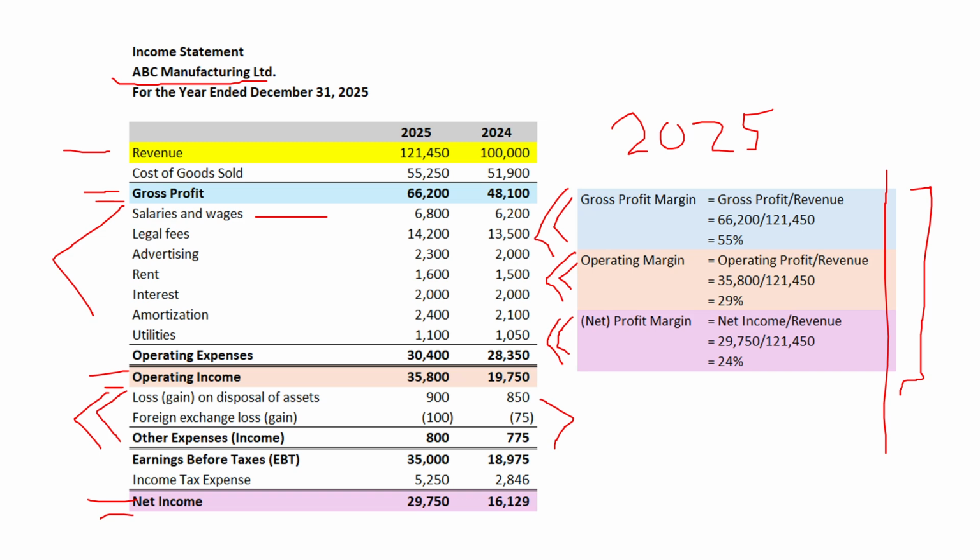And you can just divide, in the blue, it's just gross profit divided by revenue. In the orange divided by yellow. Purple divided by yellow. Okay, everything divided by yellow. And the reason for that, again, is: as you go down the income statement, how much of the original revenue are you retaining?